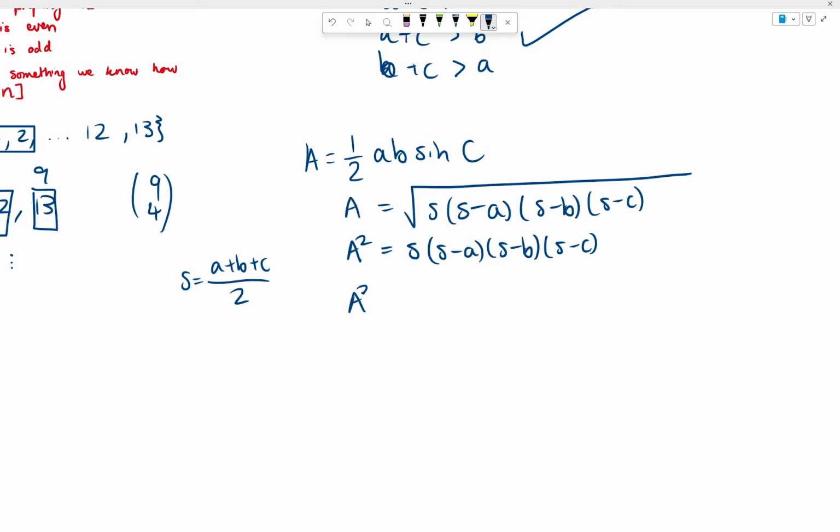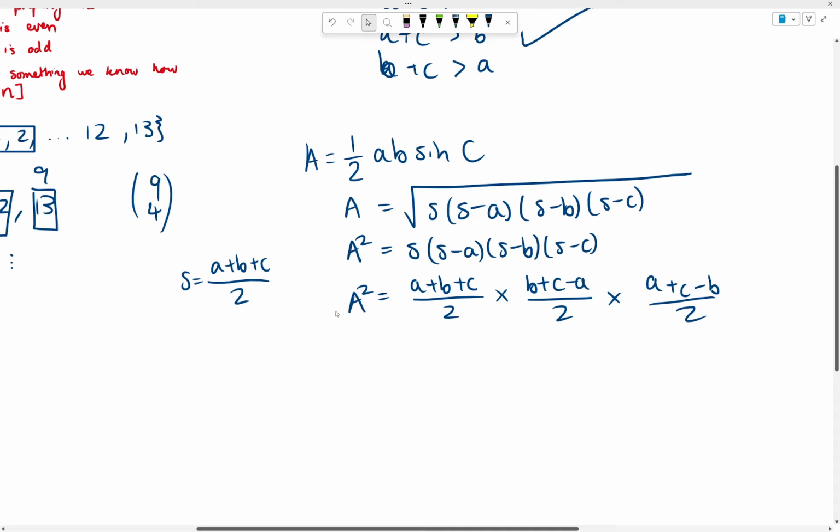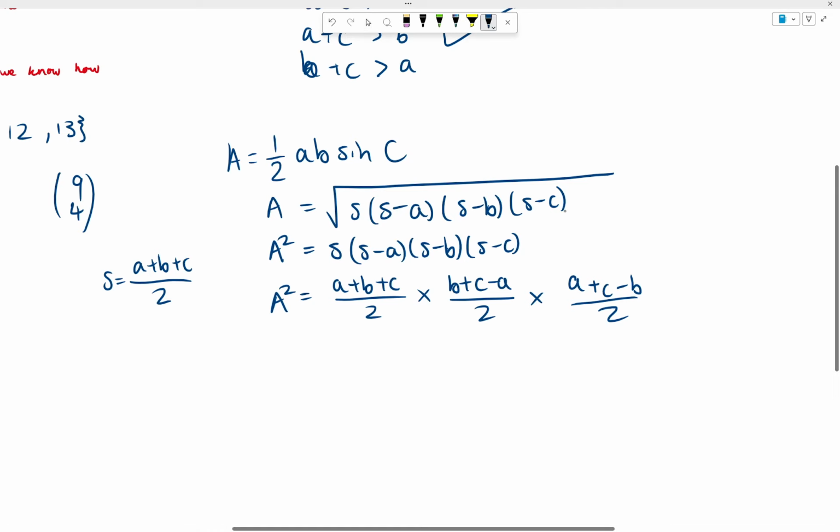So we get A squared is equal to (a plus b plus c) over 2, multiplied by (b plus c minus a) over 2, multiplied by (a plus c minus b) over 2, multiplied by (a plus b minus c) over 2.